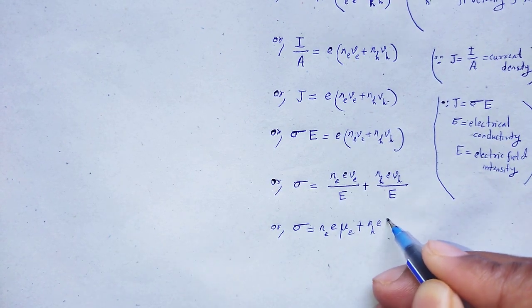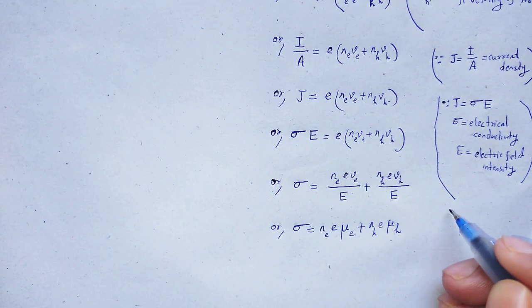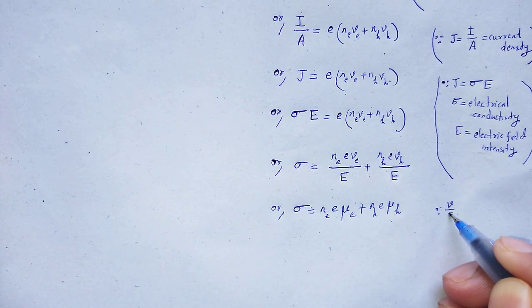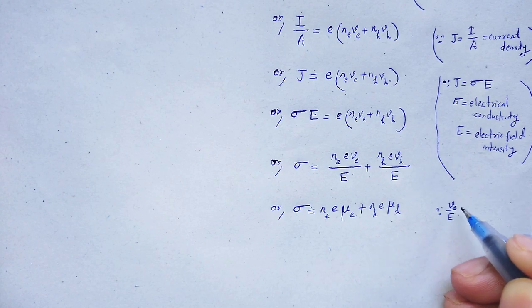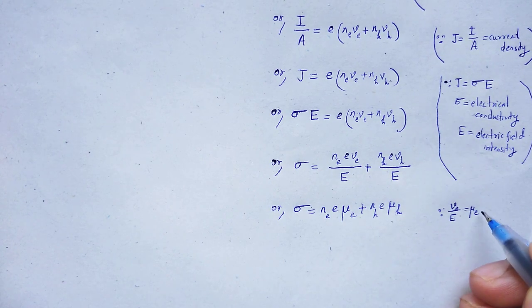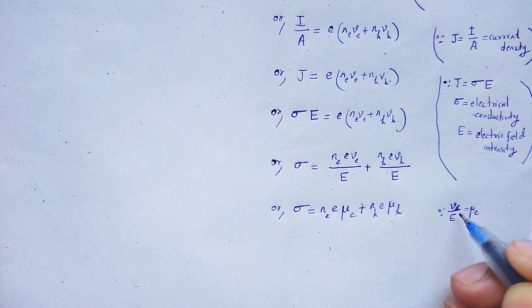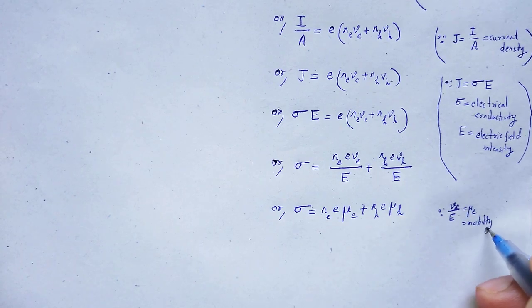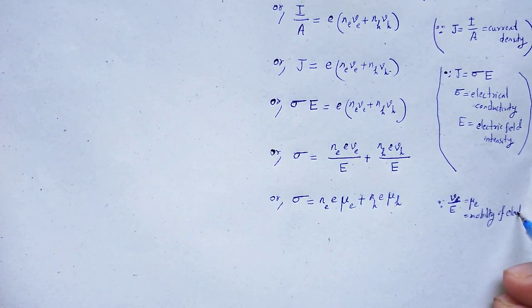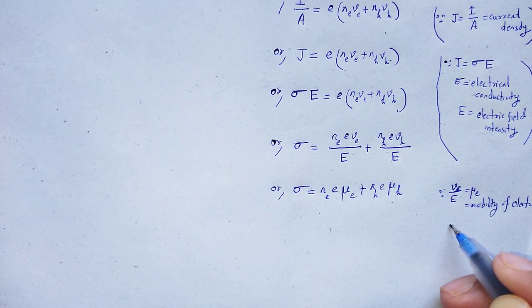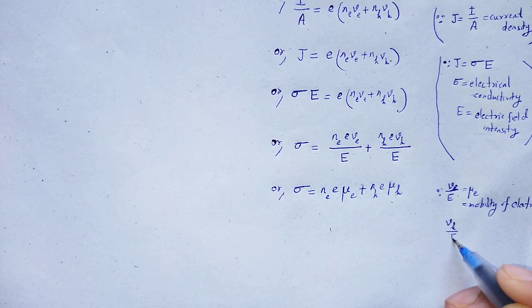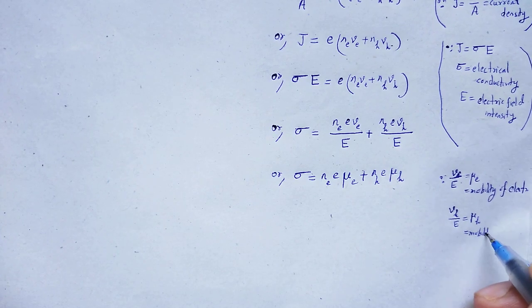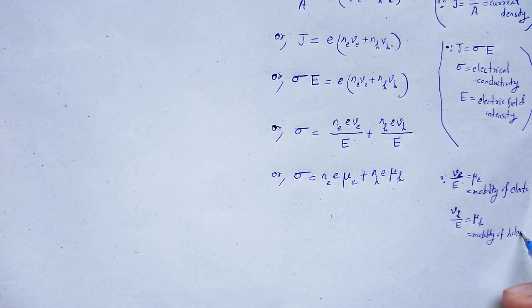n H e mu H, that we write as v E by E. V of E divided by E is equal to mu of E, the mobility of electron, and v H divided by E is mu of H, which is the mobility of holes.